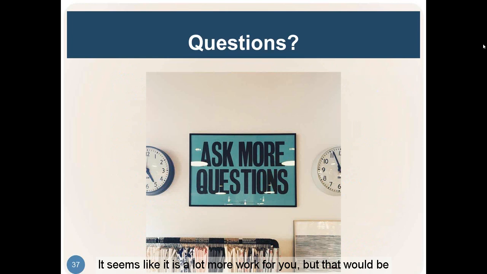It seems like it's a lot more work for you, but that would be up between you and the agency. If you want to get them a little more sophisticated in their accounting and start to pool some of these costs and do it that way, that would be fine too. There's no prohibition on that, I guess, is probably the best way to put it.